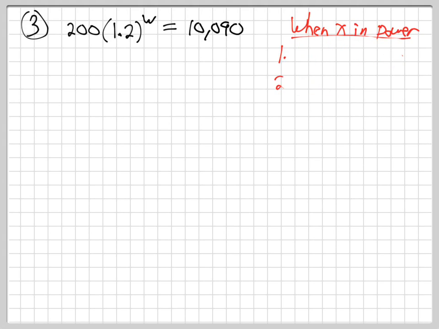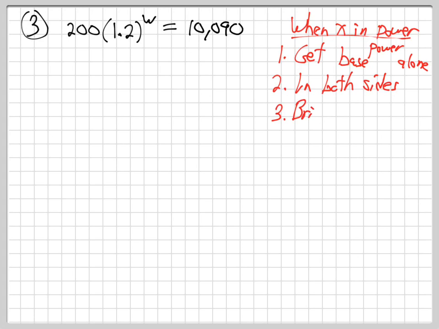I skipped the real step 1. Step 1, get the base to power part alone. I'll show you what I mean by that. Step 2, ln both sides. Step 3, bring the power down to the front.